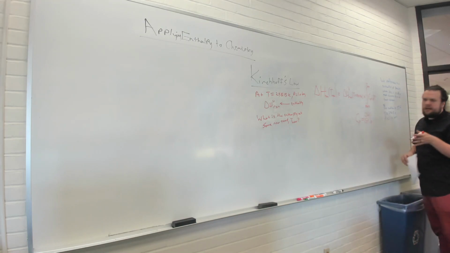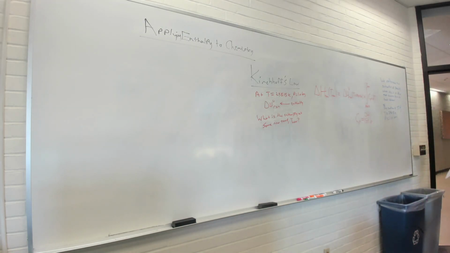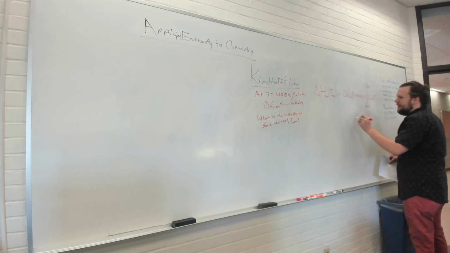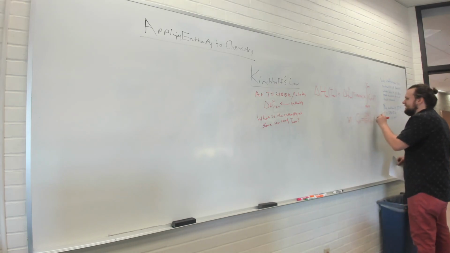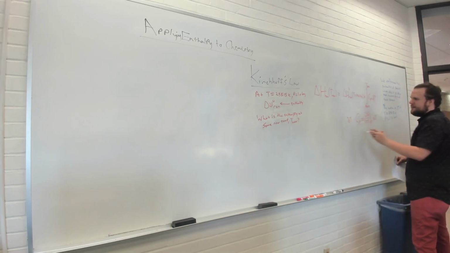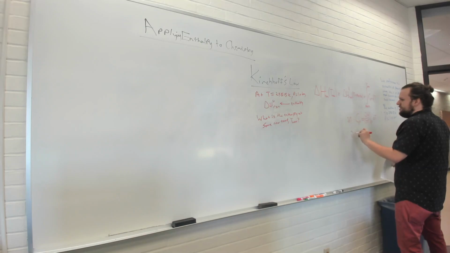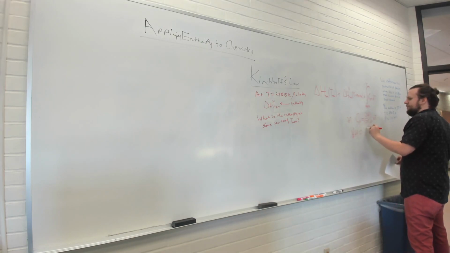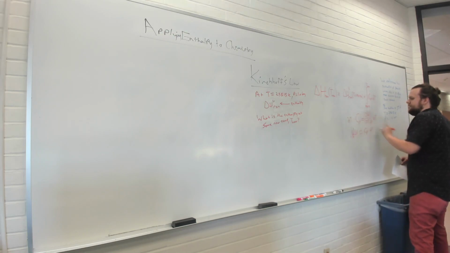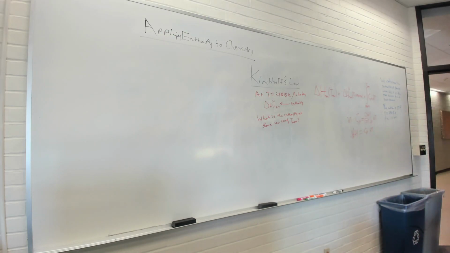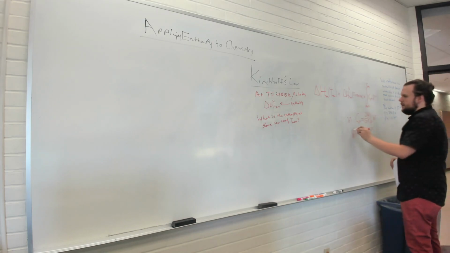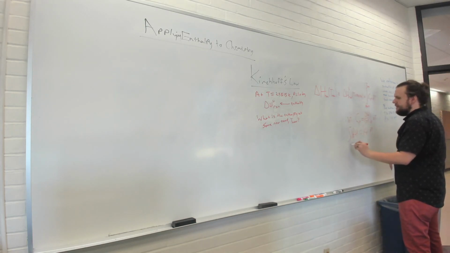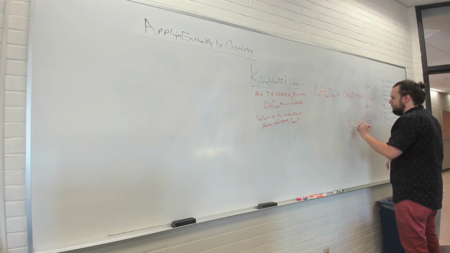And I'm going to do some really wonky math here. If we multiply both sides by dt, then we have that the change in enthalpy is equal to the heat capacity times the change in temperature. Integrate both sides from T1 to T2.